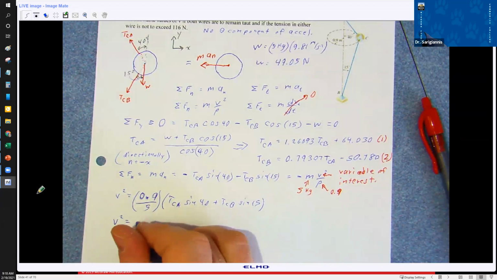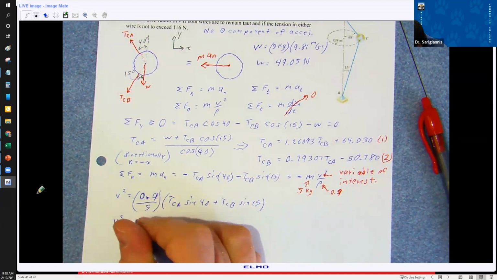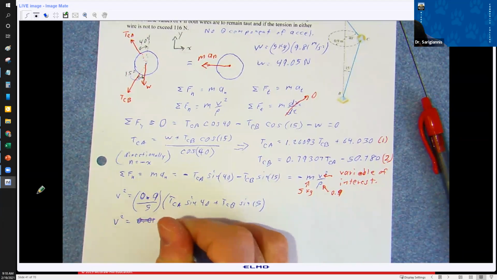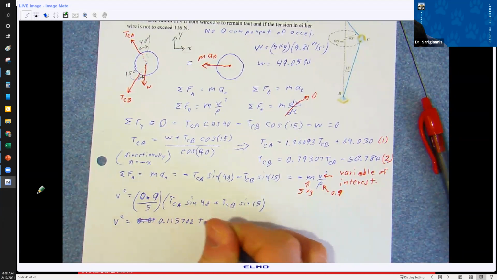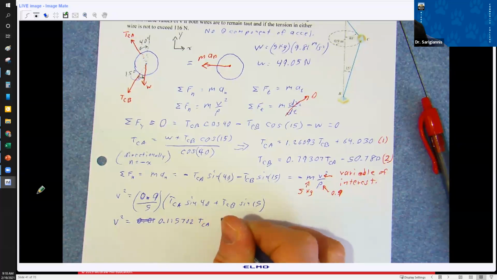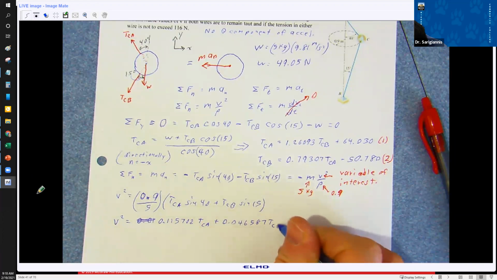equal to 0.0, or no, geez. I always do this with my zeros. 0.115702 TCA plus, this is 0.046587 TCB.